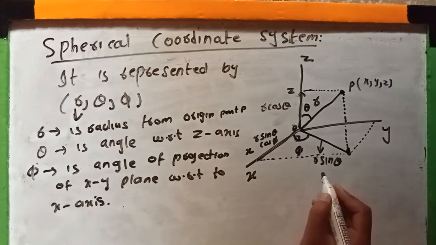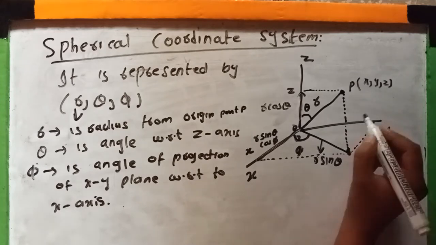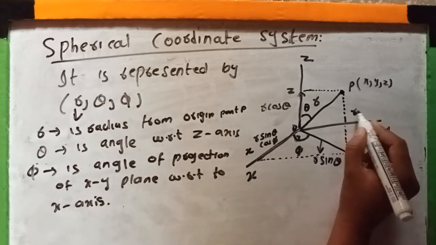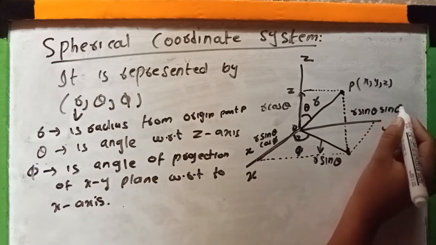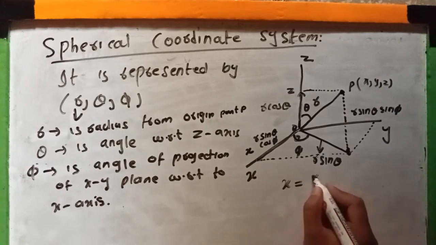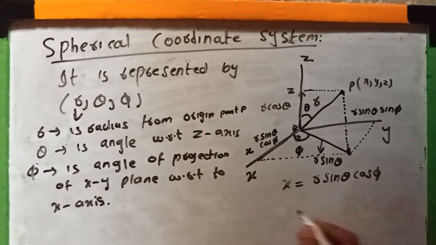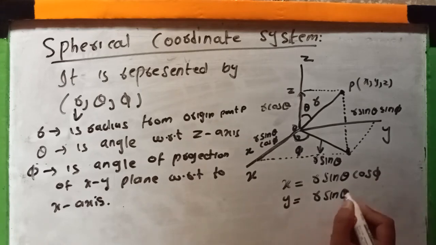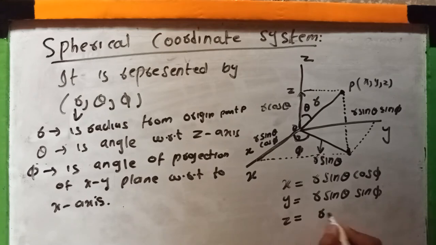If r sin theta is the radius and the angle is 90 minus phi, then the y component is r sin theta sin phi. So x is equal to r sin theta cos phi, y is equal to r sin theta sin phi, and z is equal to r cos theta.